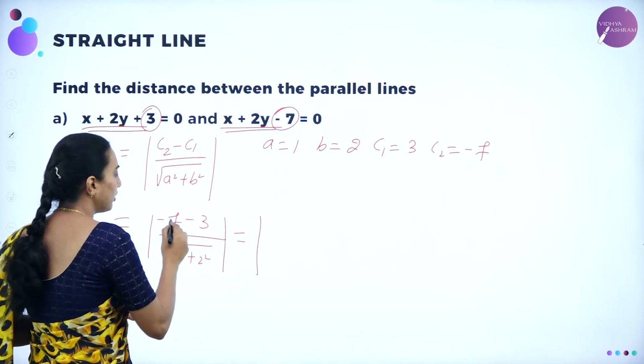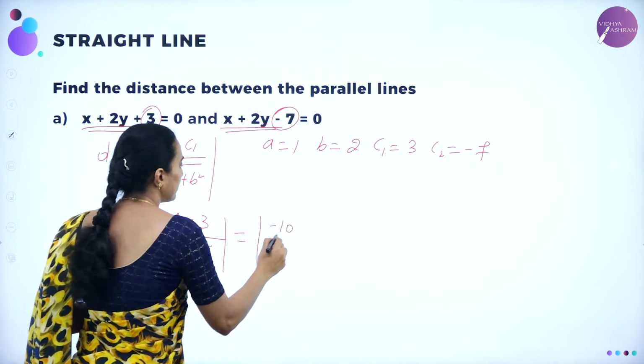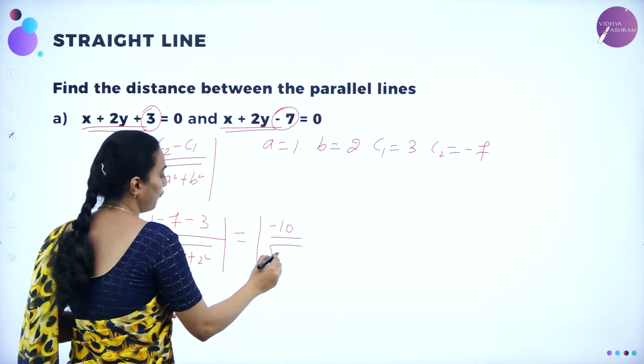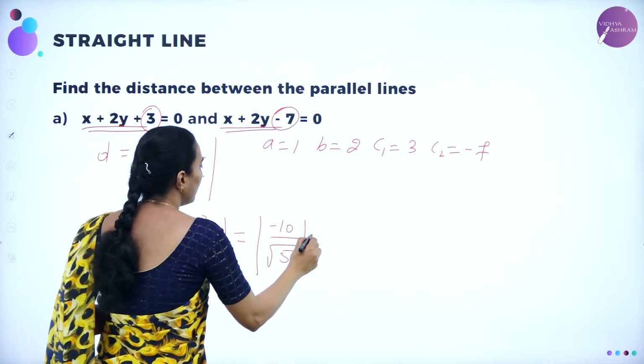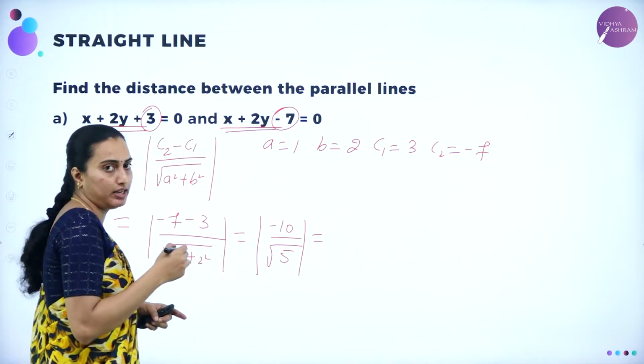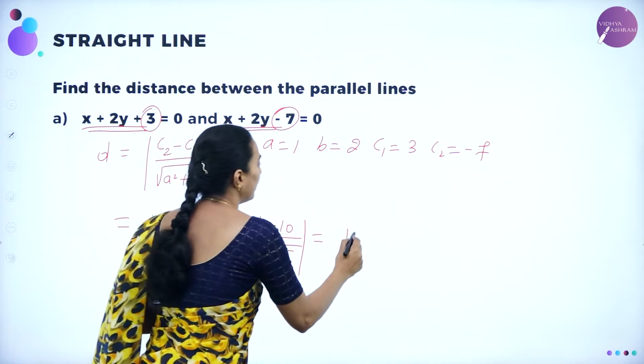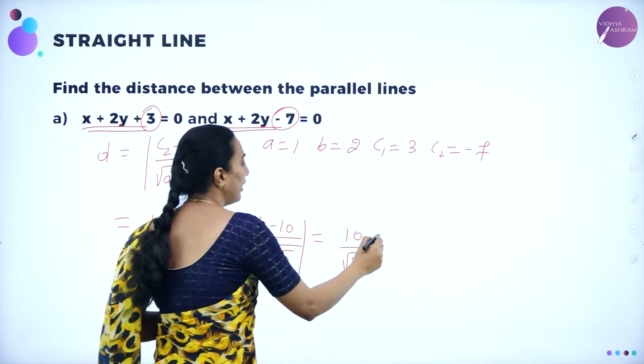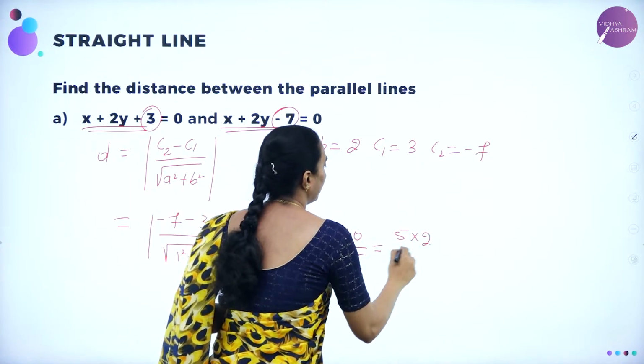This implies the modulus of minus 7 minus 3, which is minus 10, divided by the square root of 1 plus 2 whole squared, which is 5. So the modulus of minus 10 will become plus, which is 10 divided by root 5. Now you can write this one as 5 into 2 divided by root 5.